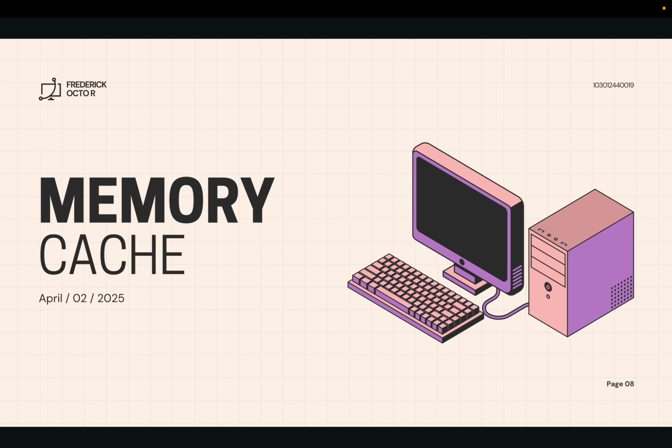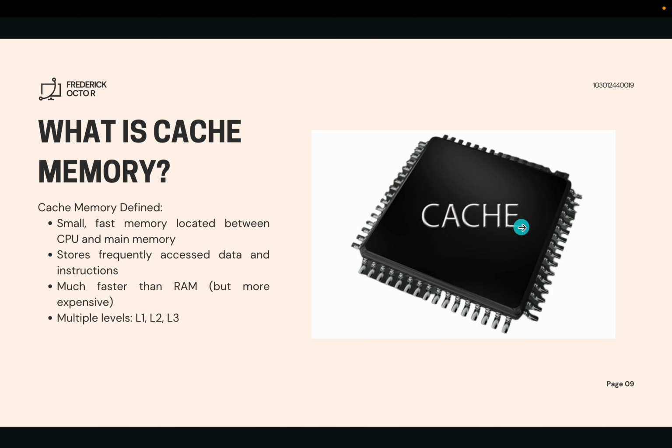And let's move into cache memory, the second material of the day. Okay, what is cache memory? Cache memory is a small high-speed memory that sits between the CPU and main memory.